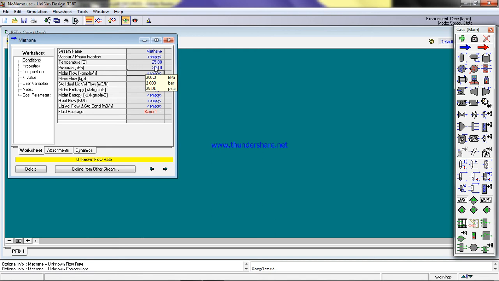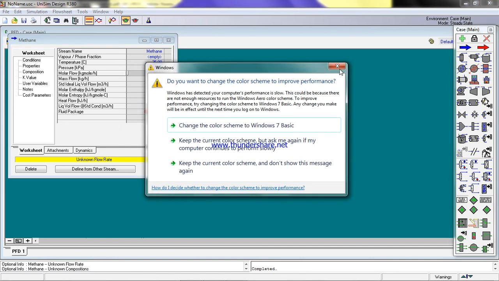It has converted it to kilopascal, so you have the reading here: 200 kilopascal. So the 2 bar that we inputted is equivalent to 200 kilopascal and 29.01 psia, pounds per square inch absolute. What is this information for?